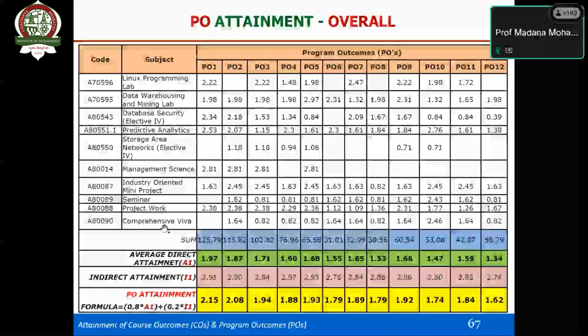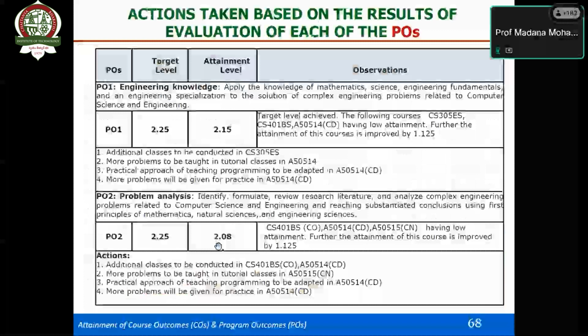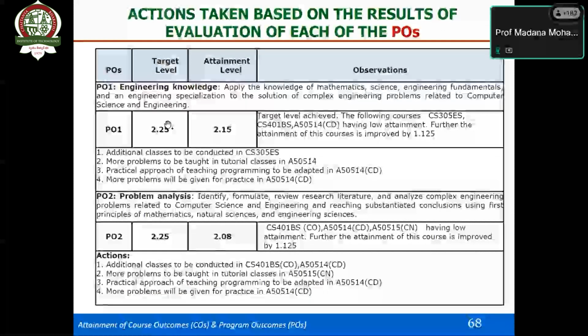With these values, you can compare with your program level mapping, the target values. So here you can set program level targets also, in addition to course level. For example, your PO1 target level is 2.25, but the actual attained value is 2.15. It's not 100%.